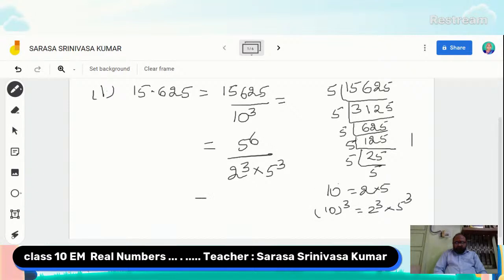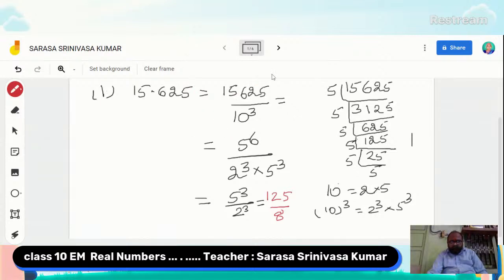Therefore, this is equal to 5 cube divided by 2 cube. This is equal to 125 divided by 8. This is how we can convert the given decimal number into the form of p by q.